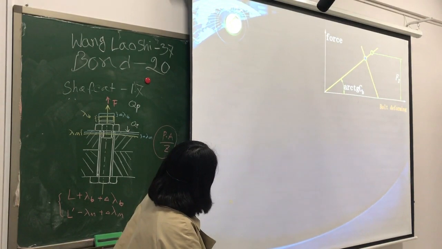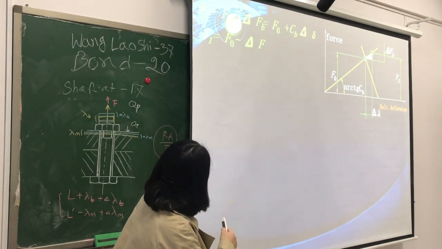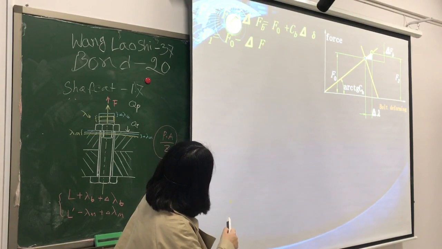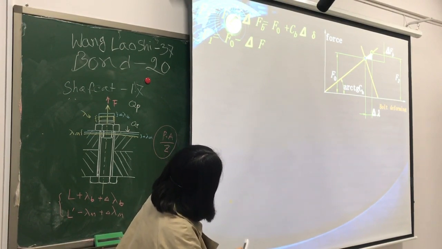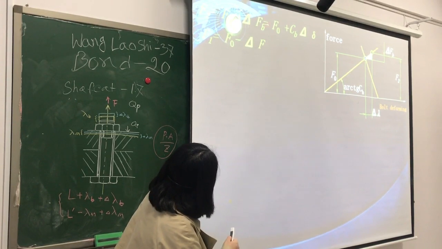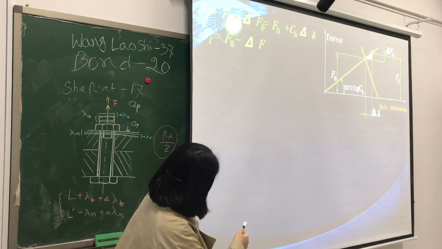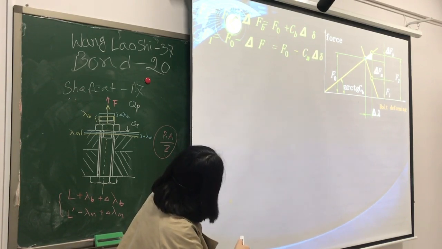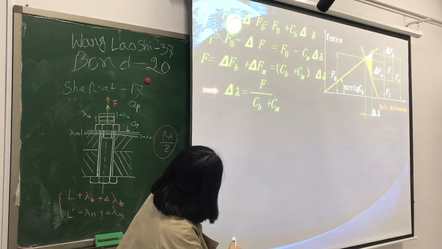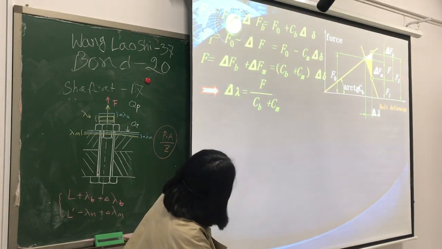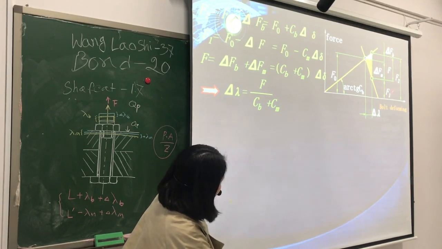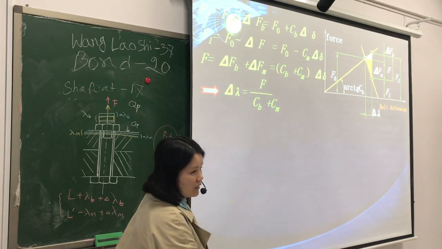So we have F2 equals F0 plus delta F, and F2 equals F plus F1, the remnant preload.